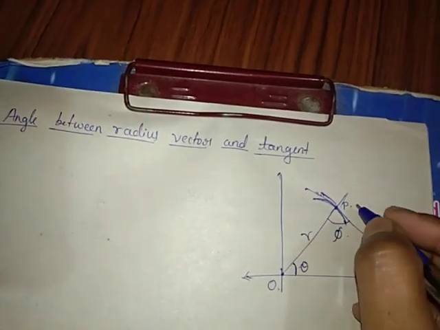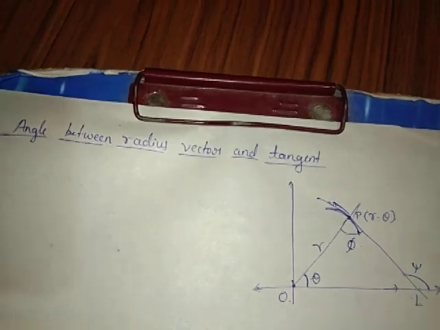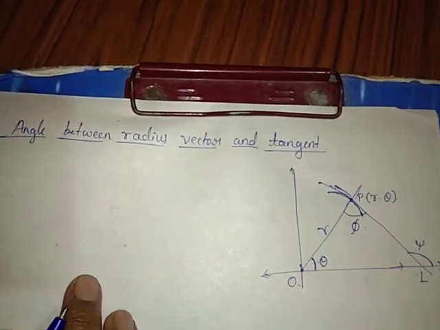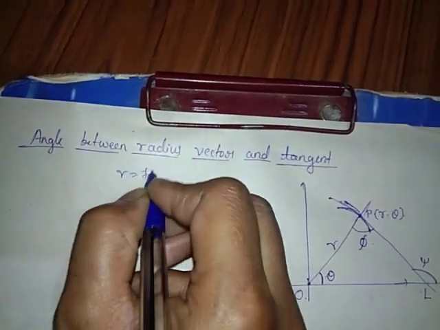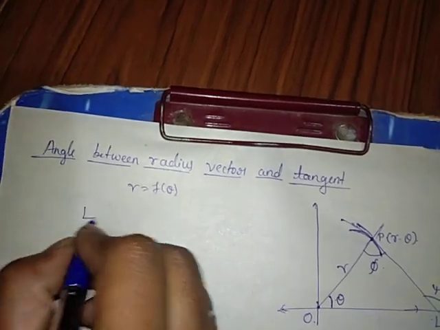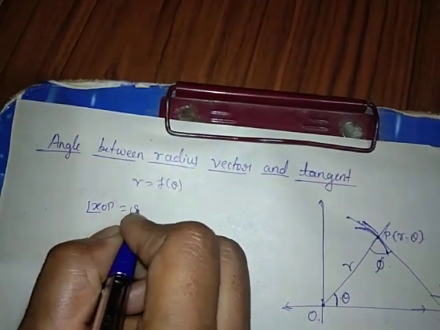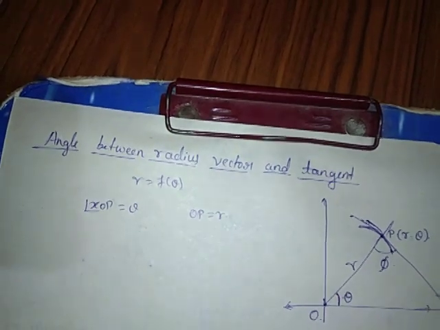Now P of r comma theta is our polar coordinate, and the curve is r equal to f of theta. The angle XOP equal to theta and OP equal to r.